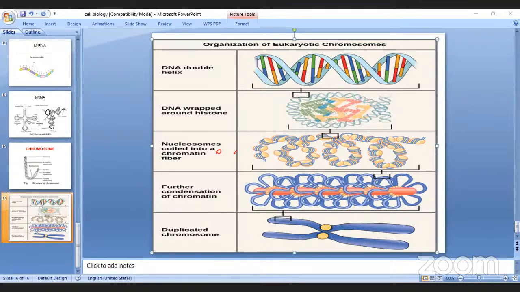The term nucleosome was coined by Oudet. Each nucleosome consists of a core of 8 histone molecules, so it is called an octamer. The histone molecules of the core are named H2A, H2B, H3 and H4. There are 2 copies of each, and this is wrapped by chromatin.